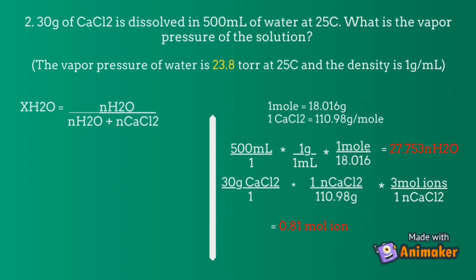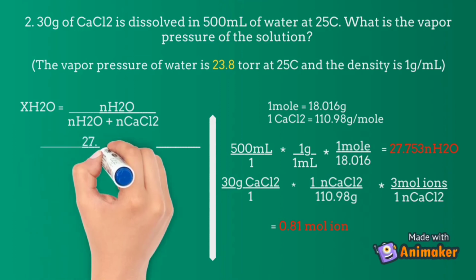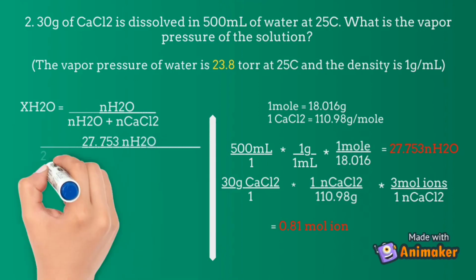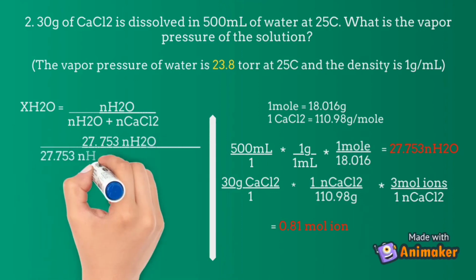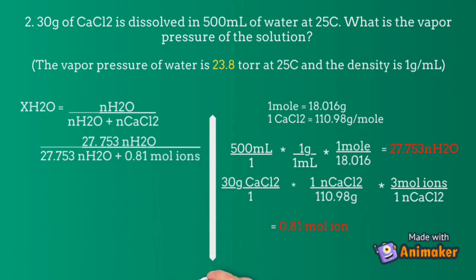So now we have our mole of water, which is 27.753, and our mole of calcium chloride, which is this 0.81 mole ion. So we can solve our X solvent. We have mole of water, 27.753, divided by mole of water, 27.753, plus 0.81 mole ions, which is the mole of calcium chloride.